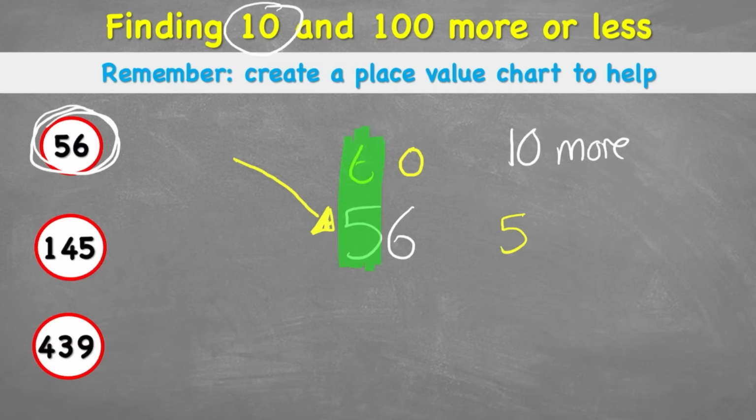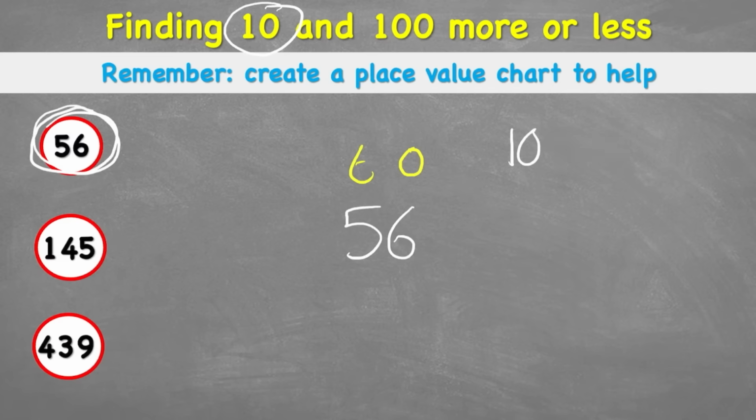At the moment there's a 5, so if I want to go 1 more, I would go to 6. That's adding 10 to my number, 1 ten to my number. I've done nothing to my units or my 1s, so therefore I can bring this other 6 down, and my answer to 10 more than 56 is 66.